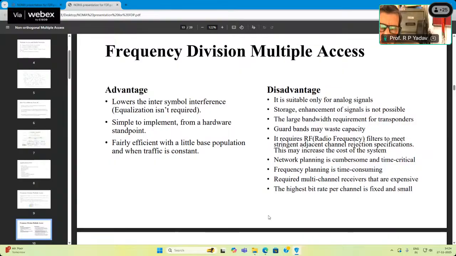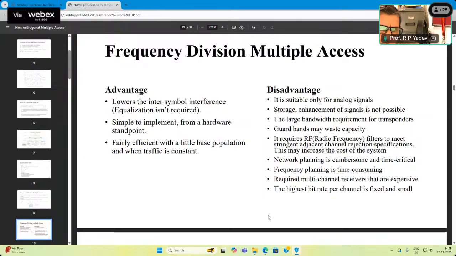It requires RF filters to meet stringent adjacent channel rejection specifications. Now, this may increase the cost of the system. The system is very robust, particularly in satellite communication or any wireless communication system, but the kind of signal to noise ratio and stringent power requirements obviously impose certain limitations. So rejecting this kind of channel interference becomes a difficult job.